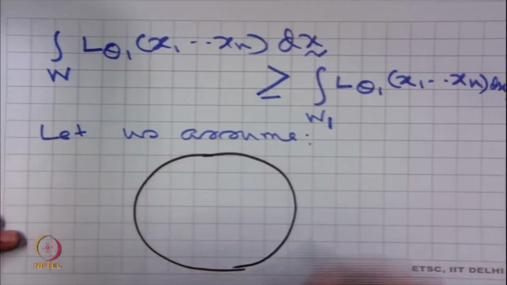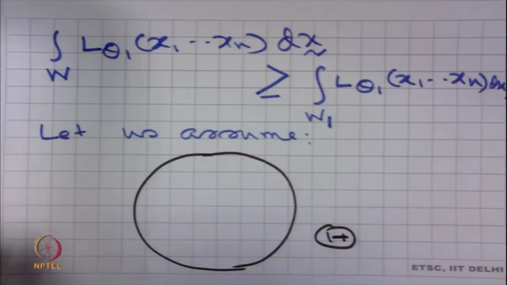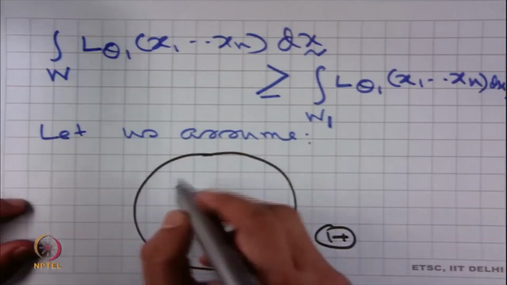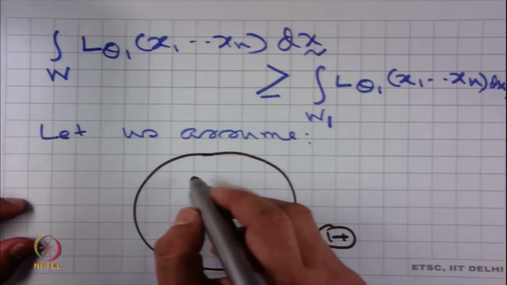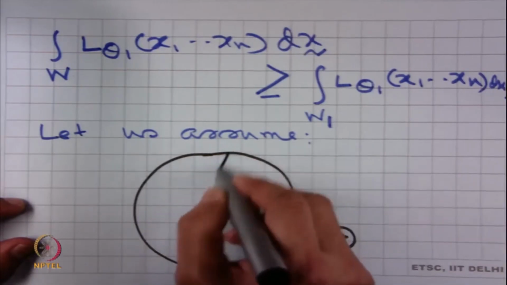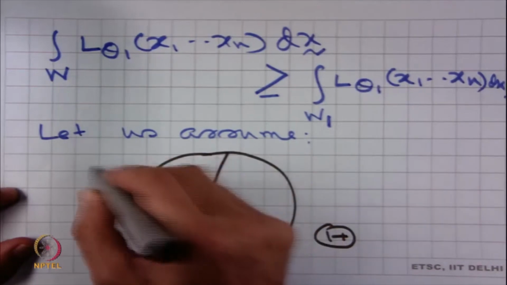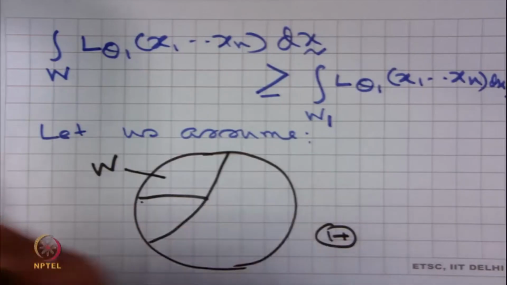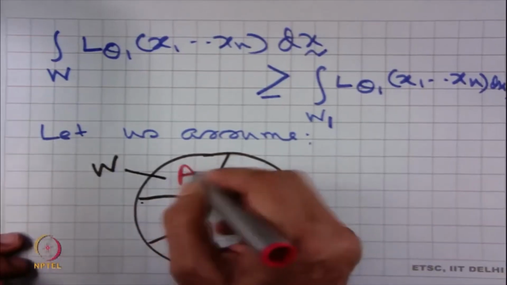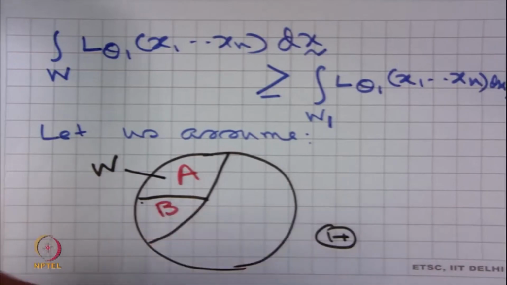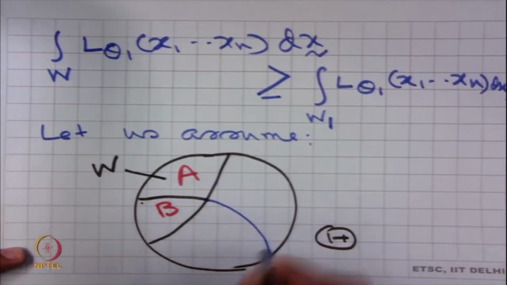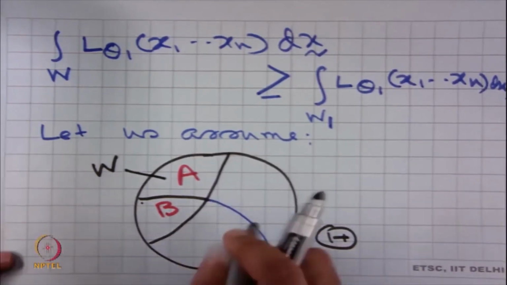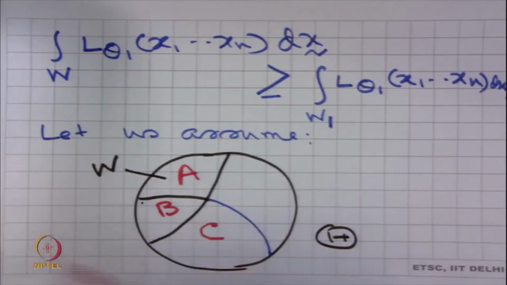So, let us assume this is the sample space theta. Let W be A union B, and suppose this is W 1, which is B union C. So, that is going to be the general diagram.